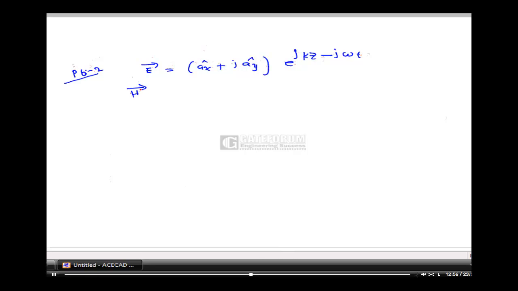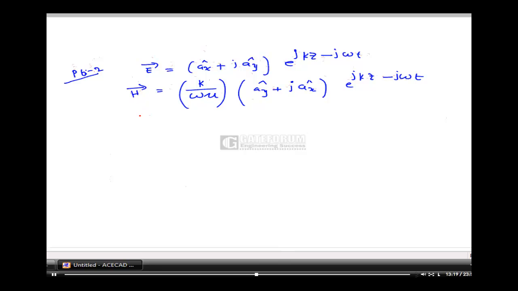H bar is given by k by omega mu (ay cap plus j ax cap) into e power j kz minus j omega t.